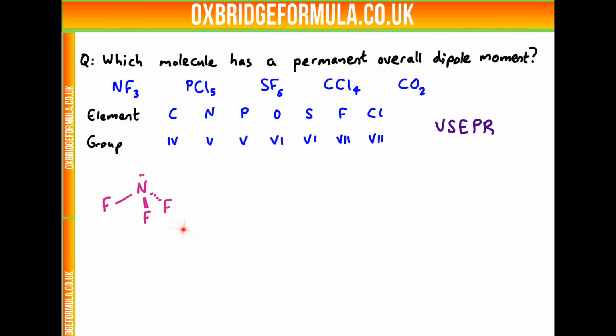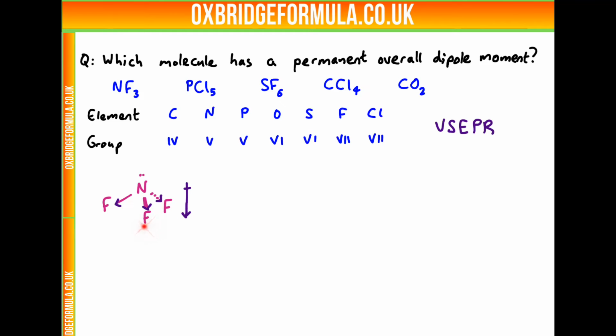Well, let's think about the dipole across each of the 3 bonds. Fluorine, we know, is the most electronegative element, and so all 3 of these bonds will be polarized towards fluorine. So the electron pairs are closer to fluorine than they are to nitrogen. And what does that mean for the overall dipole? There will be a net overall dipole moment pointing towards the fluorine side of the molecule.